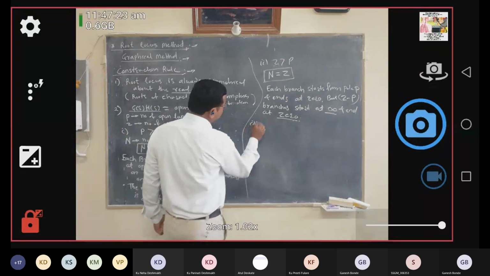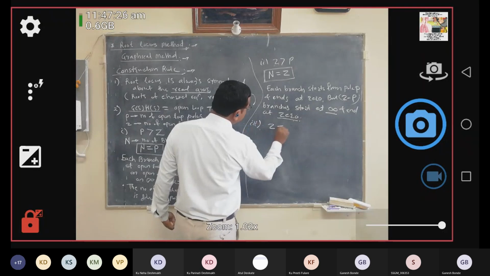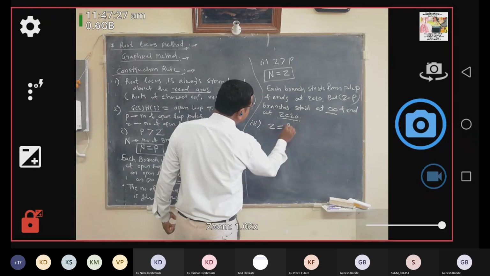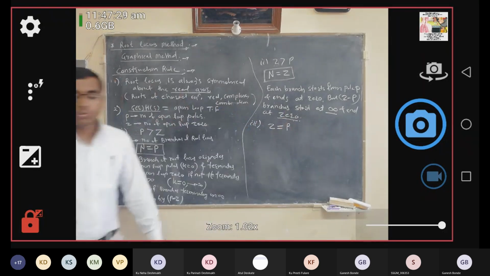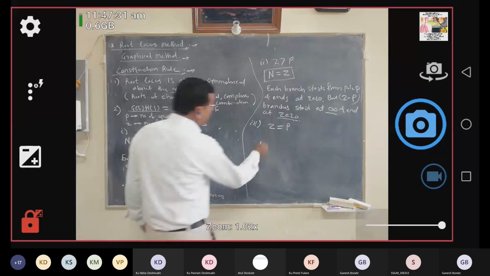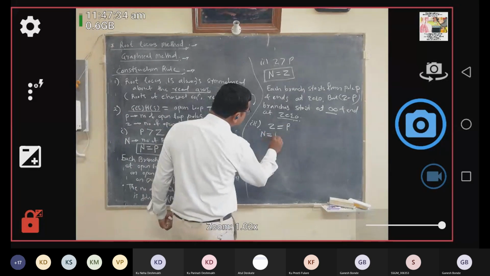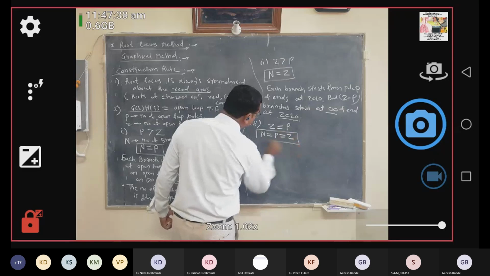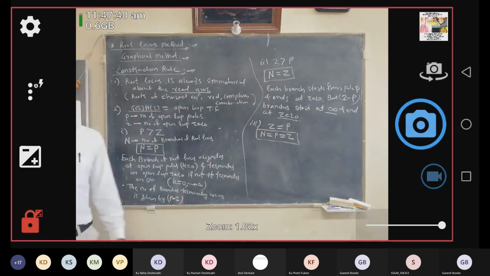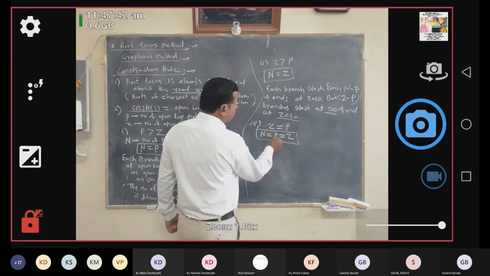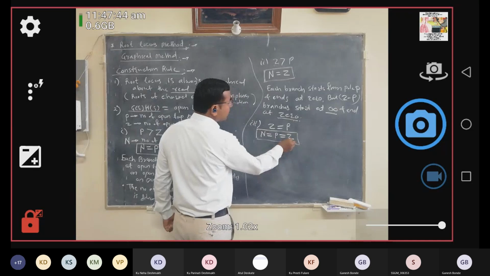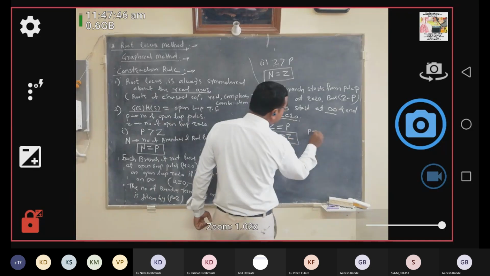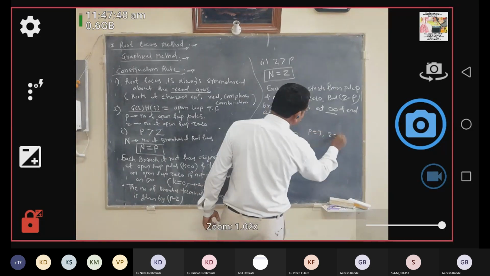Then the third possibility could be Z equal to P, or P equal to Z. Here the total number of branches is given by N equal to P equal to Z. In this case, all branches originate at poles and terminate at zeros, because here P is equal to 3, so Z is also equal to 3.